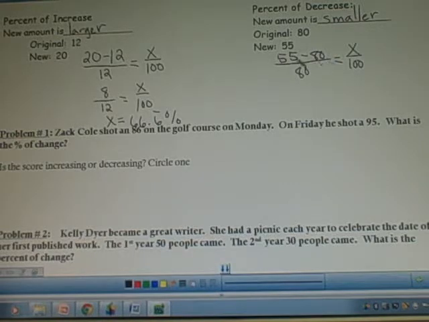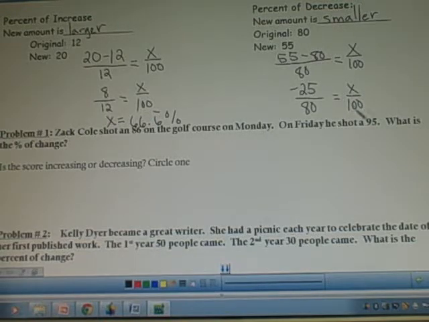We'll find the difference. 55 minus 80 gives us negative 25, and that's okay because negative numbers go down, just like a percent decrease is going to go down. All over 80. And now we cross multiply and divide.